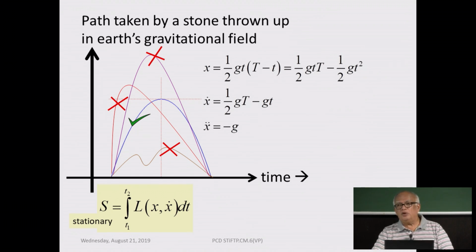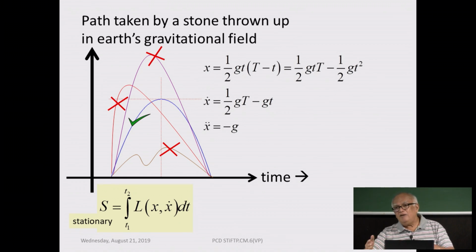You do have to give two conditions because the equation of motion is a second order differential equation. So, when you integrate it twice, there will be two constants of integration. So, you need that information. But this information is not provided through the initial position and velocity, but the initial position and the final position. So, you know that x is 0 at the base, both at the start and at the finish.